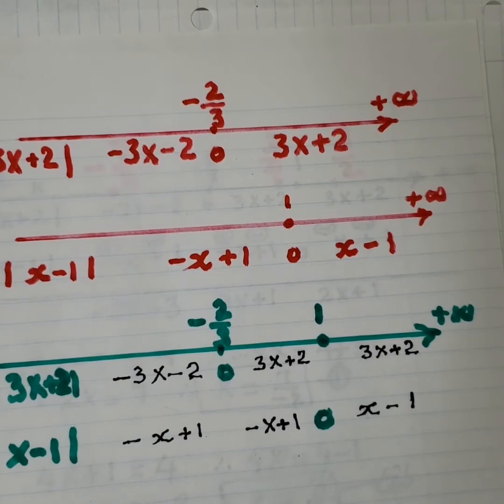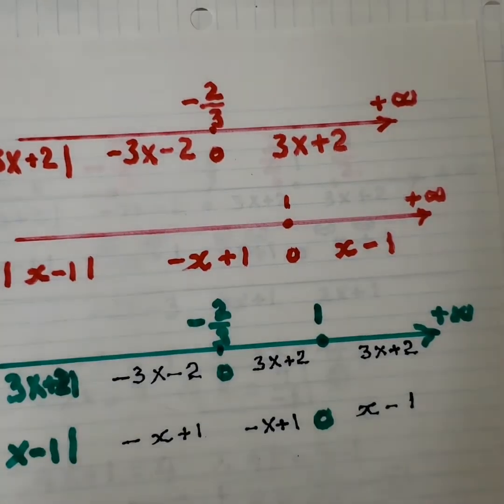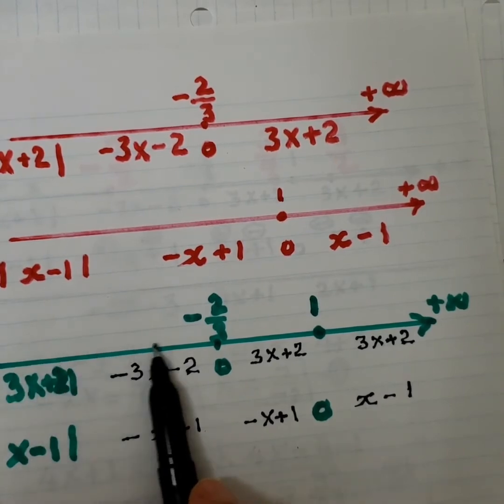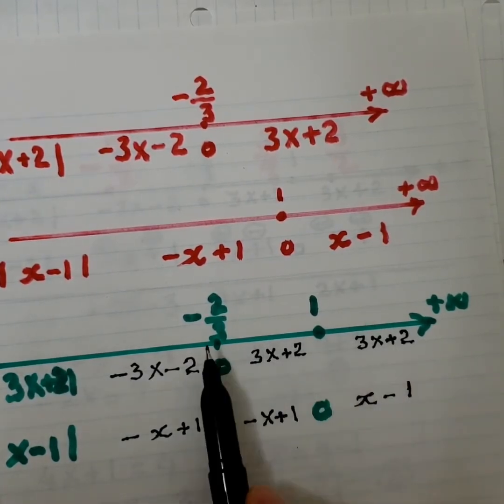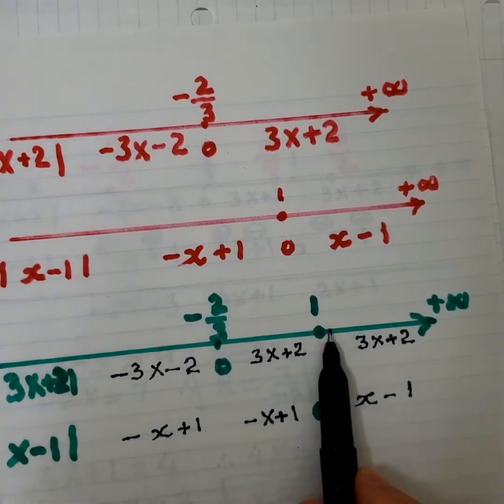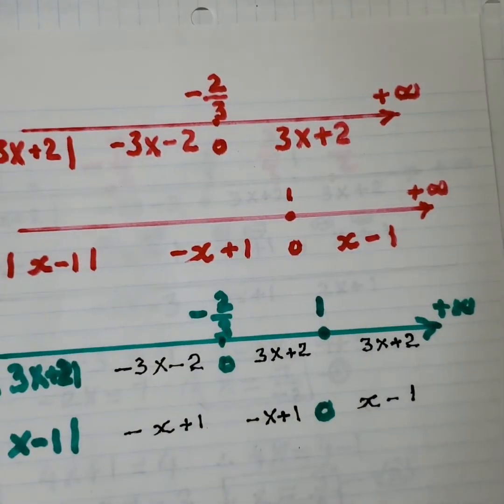So as you see from the graph I drew, the real number line is divided into three parts. This part, this part, and this is the third part.